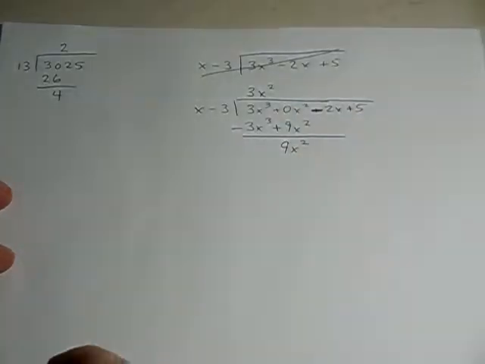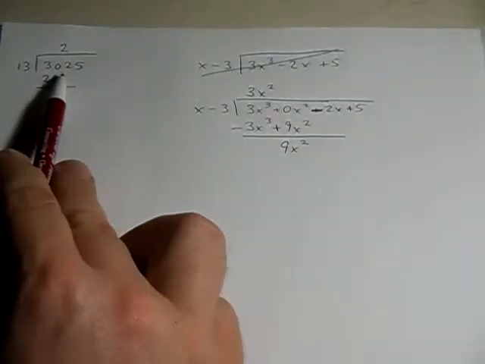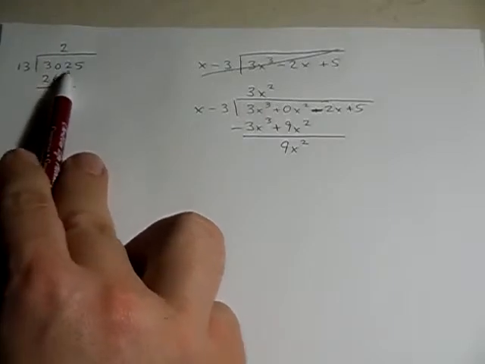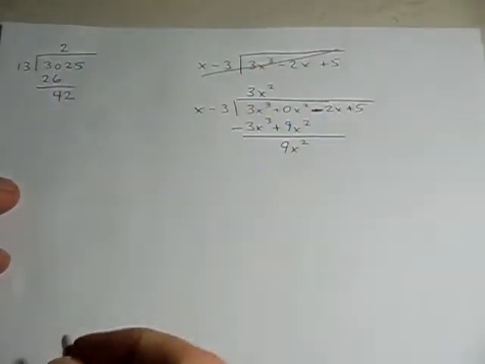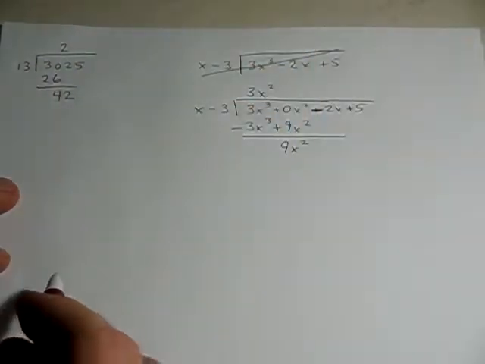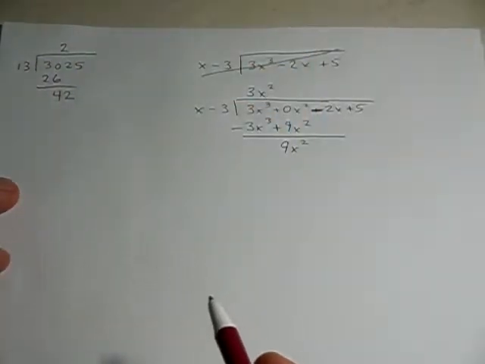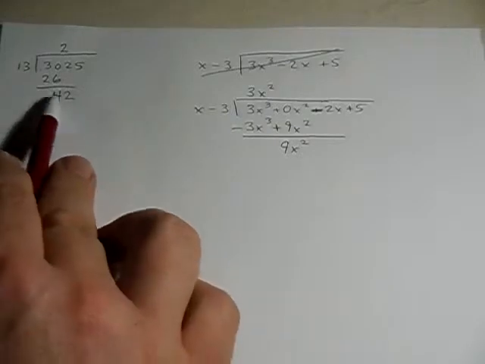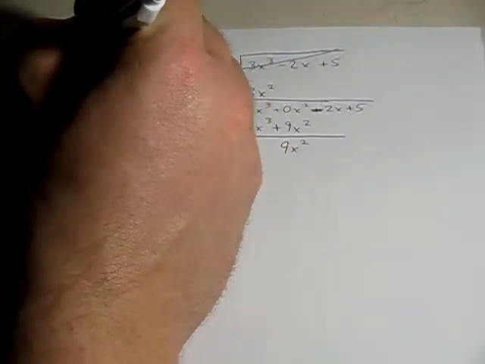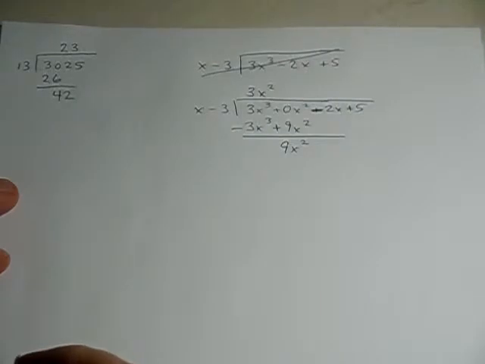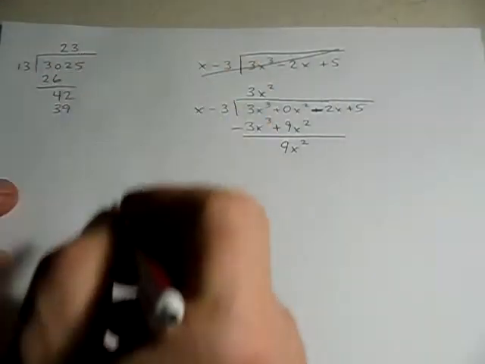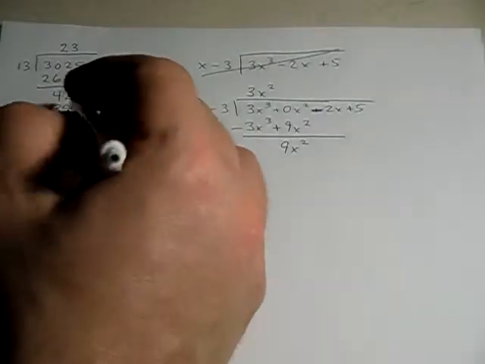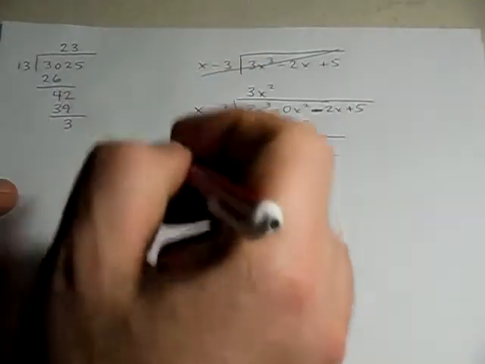So let's repeat that procedure. Just like in this regular numeric problem, the next step is to pull down the next number. So in this case, we pull the 2 down, and then repeat. Divide, multiply, subtract. So 42 divided by 13 is 3. 3 times 13 is 39. 42 minus 39 is 3.